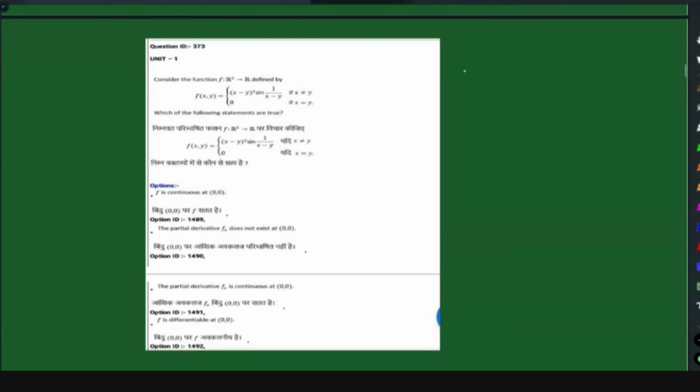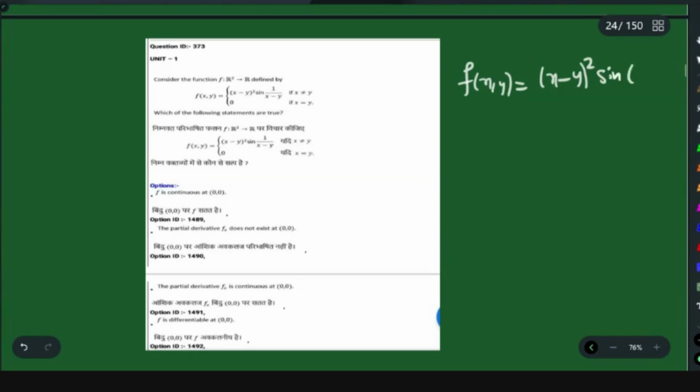So what is the function you have? f of xy is (x minus y) square into sine of 1 by (x minus y). So you wanted to check whether the function is continuous at 0, 0. What do you have to do? You have to compute the limit of f of xy as xy tends to 0, 0.